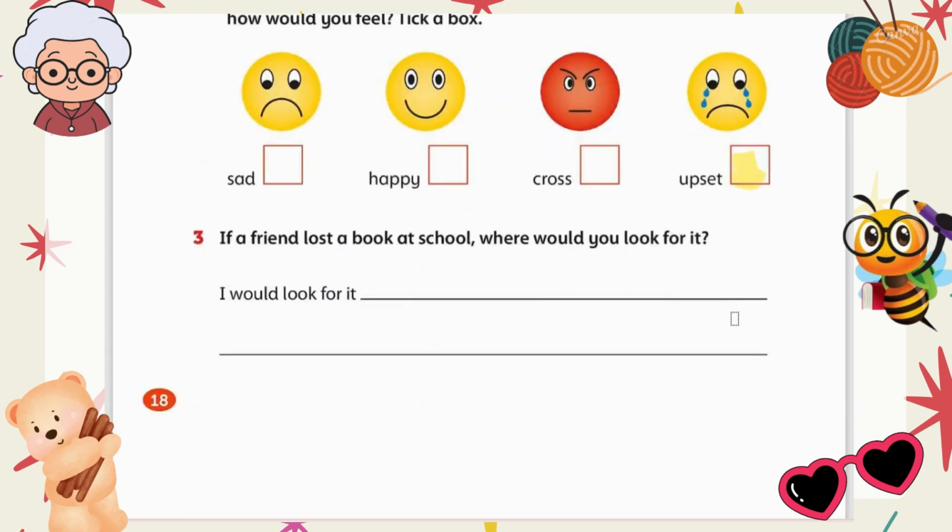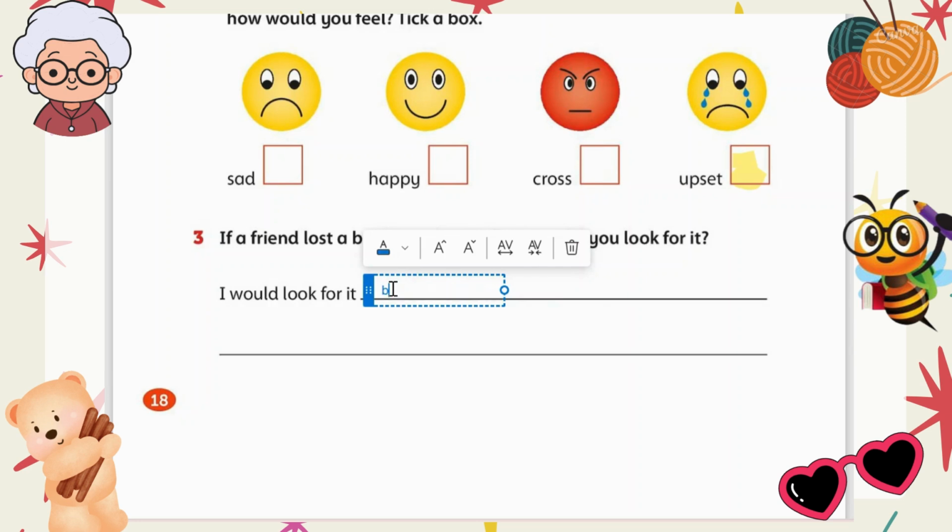The third question is, if a friend lost a book at school, where would you look for it? Just imagine your friend had lost a book at school. Where would you look for it, where would you find it? So for me, maybe I will check my bag.